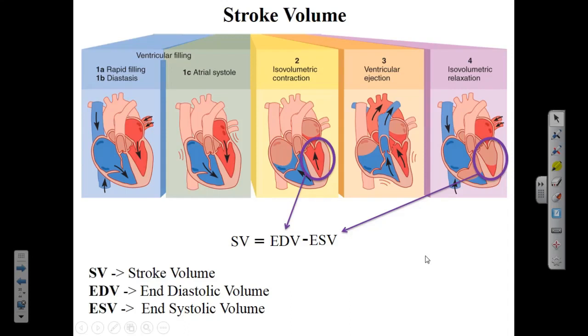Okay. Well, if I want to know how much blood was ejected from the ventricles, I could take my total amount of blood I had in the ventricles and then subtract the little bit of blood that's remaining in the ventricles after systole, right?